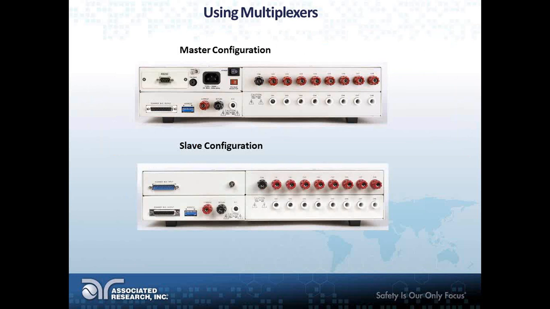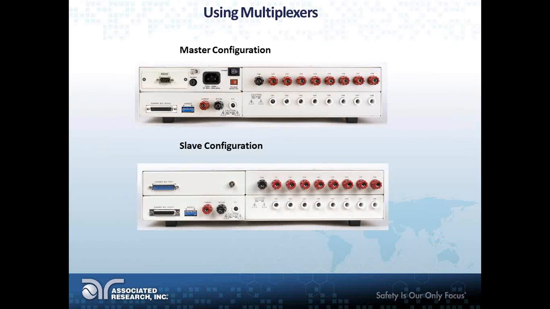AR's instruments can only control slave configuration scanners, and for example, some safety testing equipment such as the Associated Research Model 7650 can include a built-in scanning matrix for easy multi-point Hipot and insulation resistance testing, or it can control an external slave scanner.